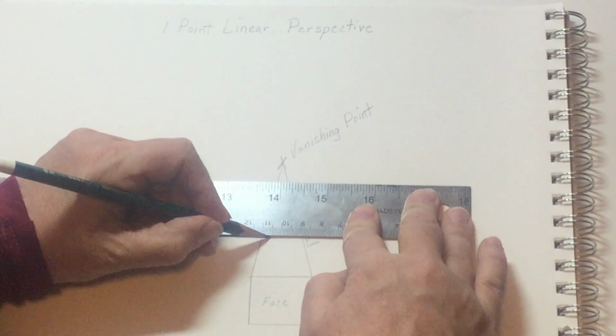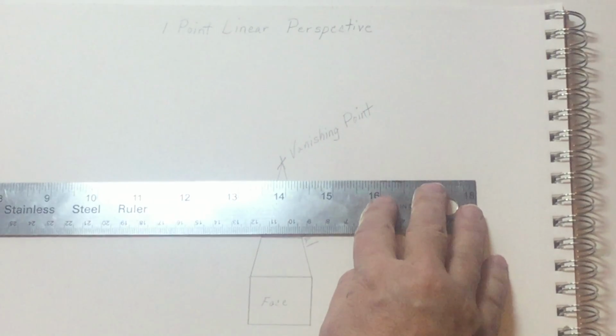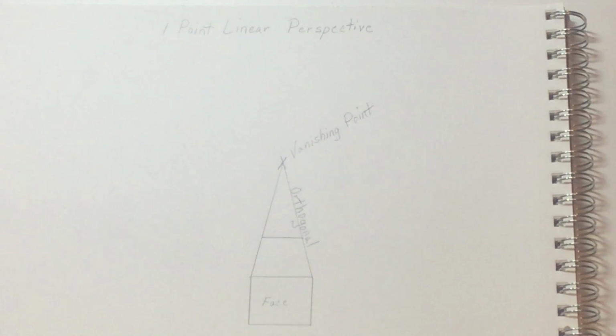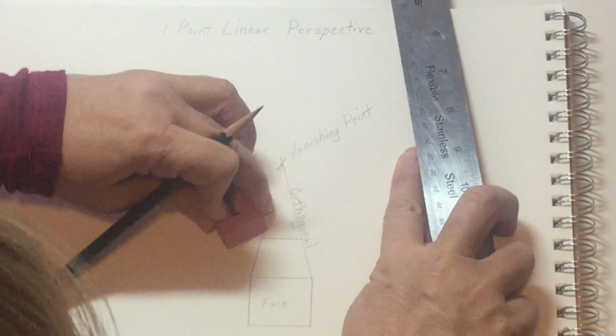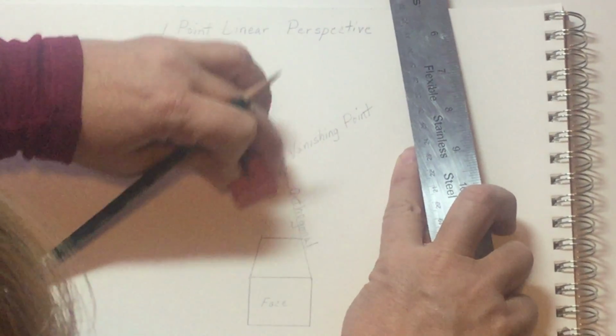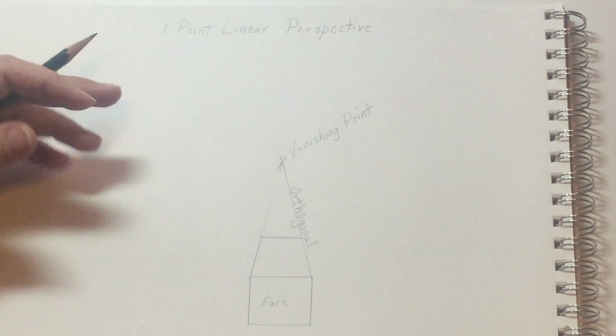I want to make this line parallel. I don't want it to tilt. It's got to be straight. Then I can take my ruler and get rid of my orthogonal line back there. I now have a box that looks three-dimensional.